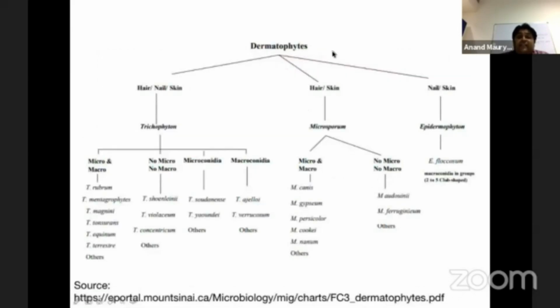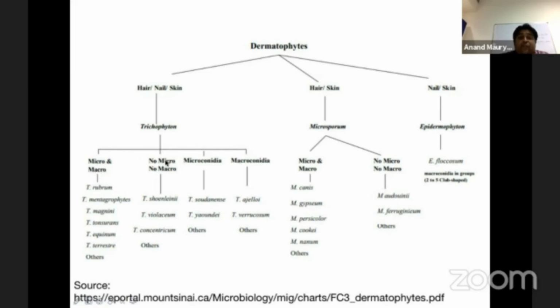You can see the dermatophytes in different samples: hair, nail, skin, hair and skin, nail and skin. There is a group of Trichophyton, Microsporum and Epidermophyton. You can see micro and macroconidia, T. rubrum is there.